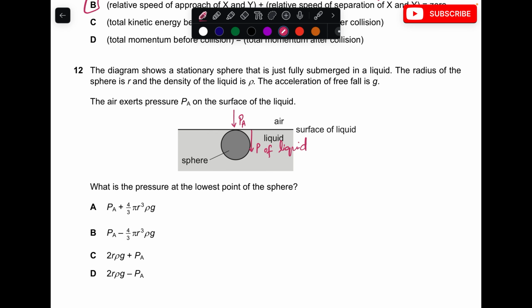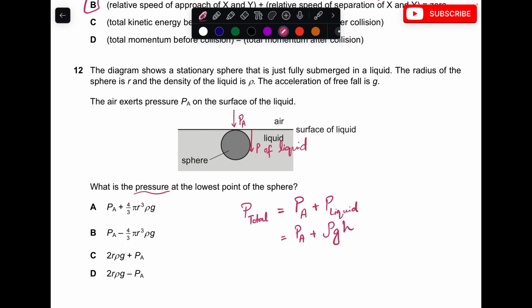So you have to tell the total pressure. We know total pressure is pressure of air plus pressure of liquid. Pressure of air is PA, pressure of liquid is rho g h.